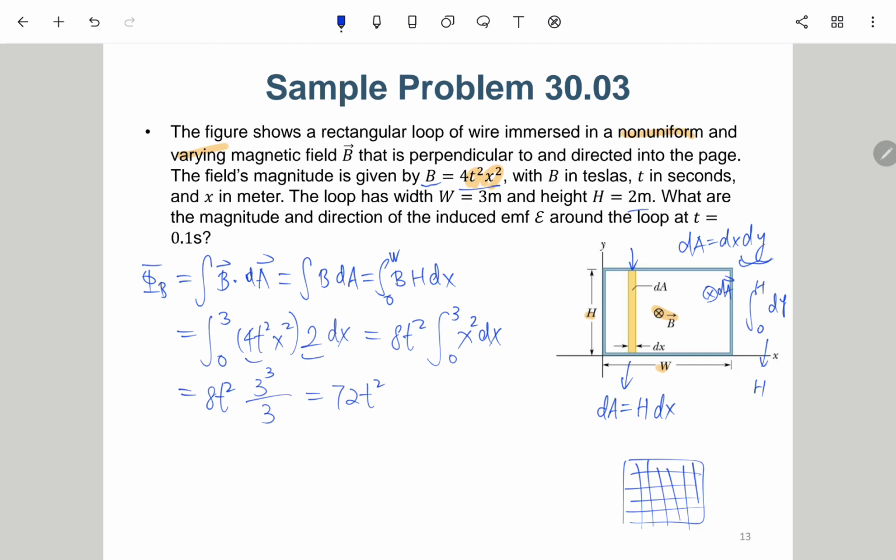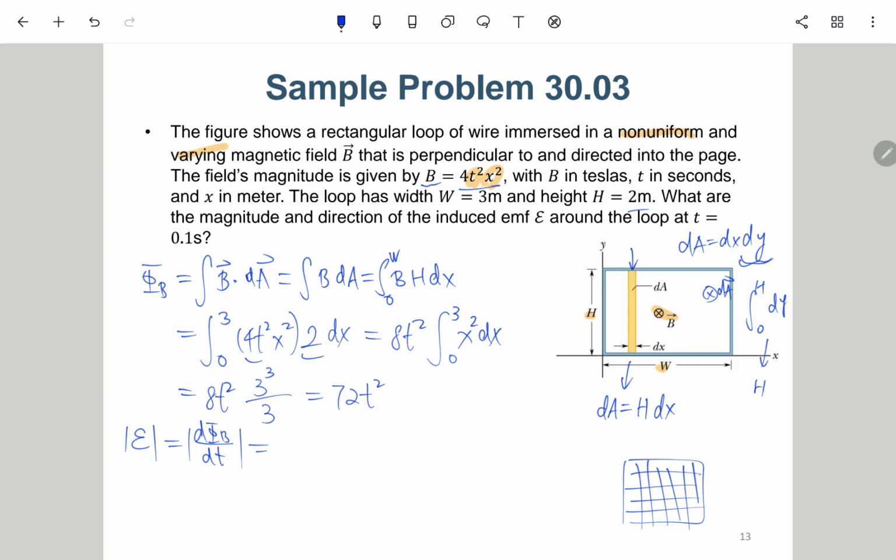In such a way we can use Faraday's law: the absolute value of the EMF will be d phi B dt. Or maybe more rigorously, we should also take the absolute value, but we already know that this one should be positive when t is larger than 0, so whether we put this absolute value here is also okay.